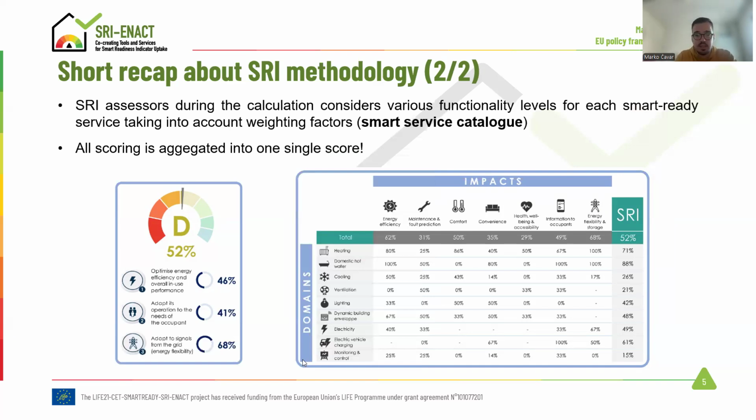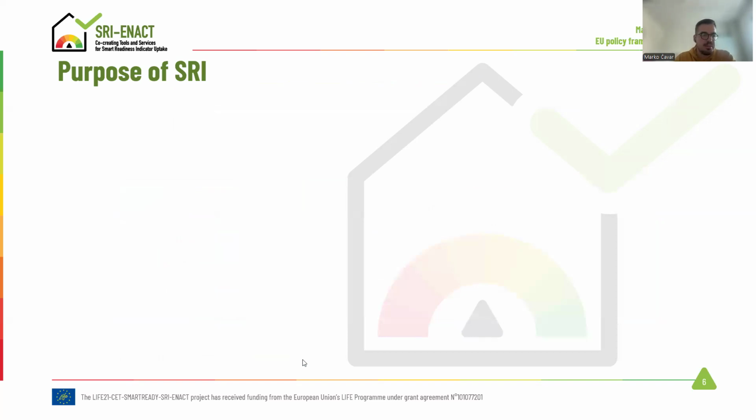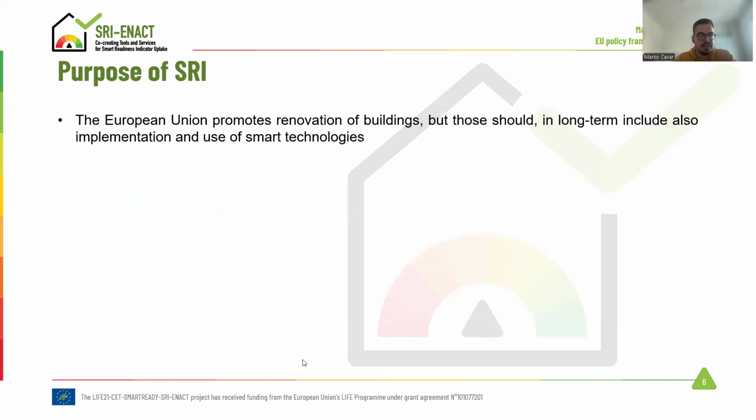It's not the official outlook, but it shows how it looks when you get the results through this calculation and evaluation. That's a short recap because we had a very detailed first webinar on methodology and definition and everything else. So I will now go to the purpose of the Smart Readiness Indicator.